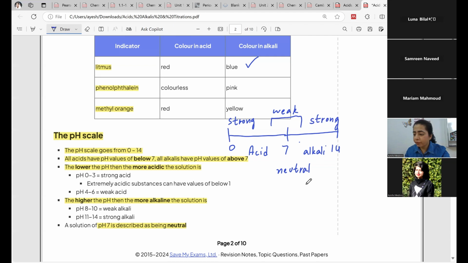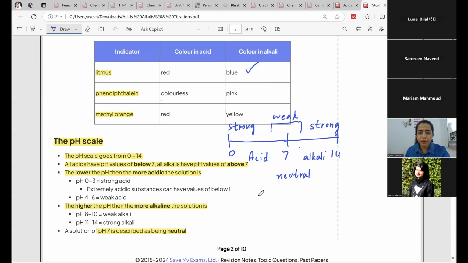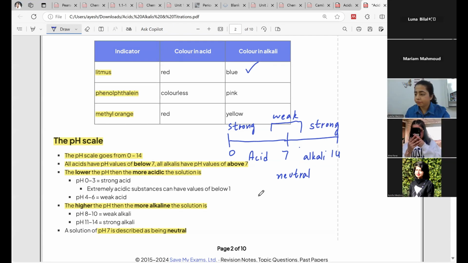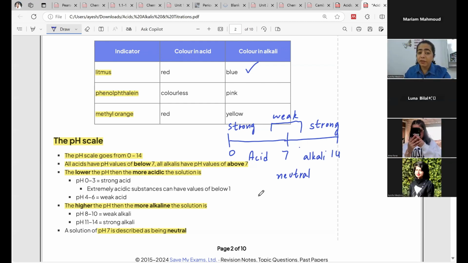Any question here? We have a few students raising the hand. Yes, Luna. And Mariam, do you have any question here? Miss, sulfuric acid is the strongest. Yes, Mariam, sulfuric acid is one of the strongest acids. We have many acids which are strongest.